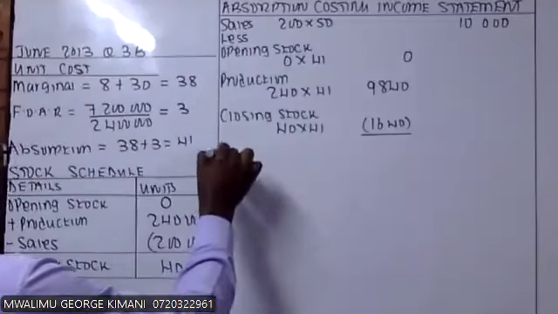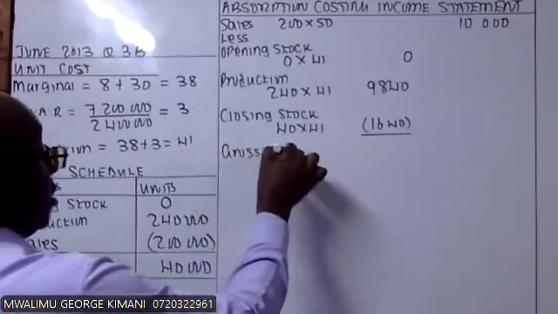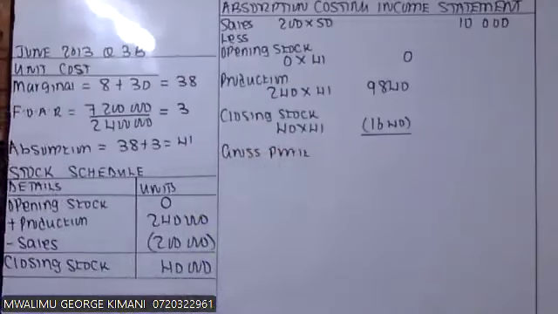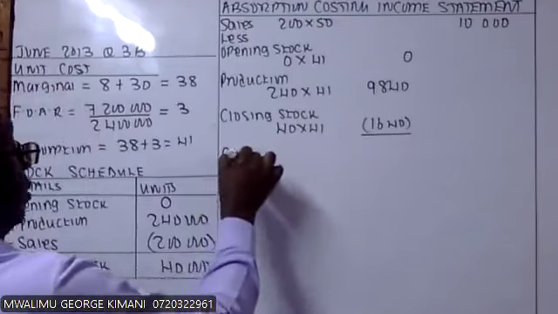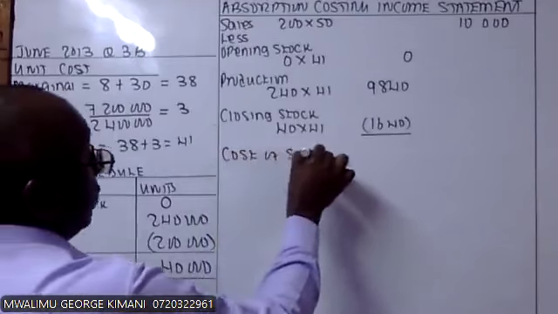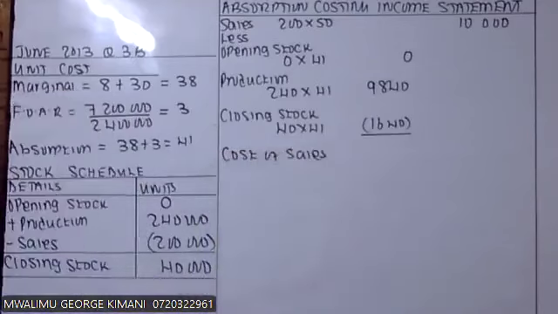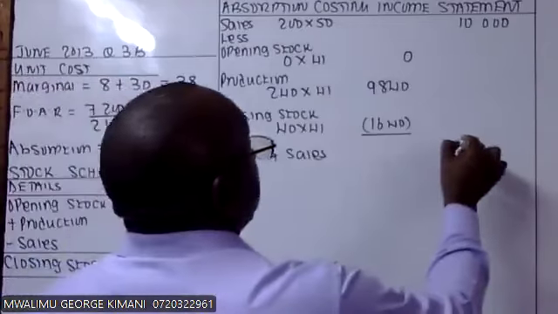So now gross profit. Not gross profit, cost of sales. You have gone too fast; we are at cost of sales. Cost of sales, when you subtract, gives 8,200.